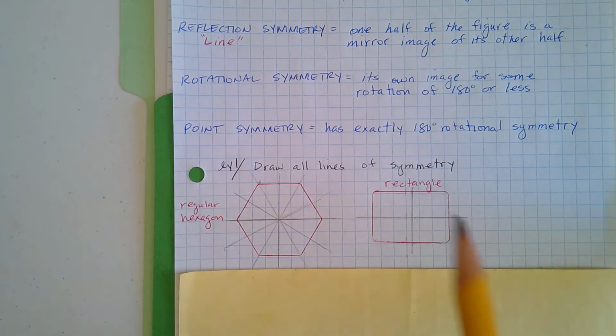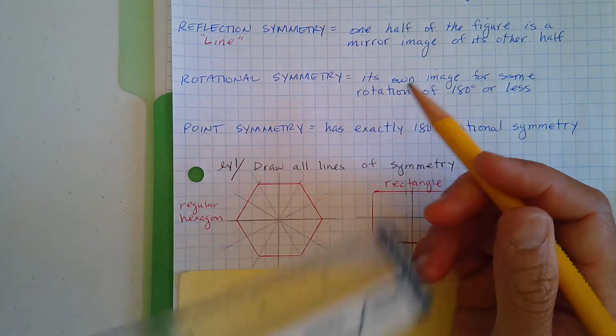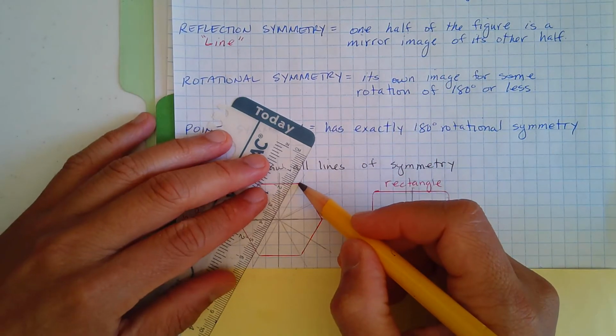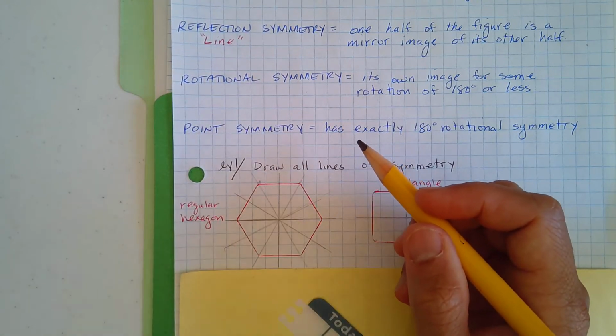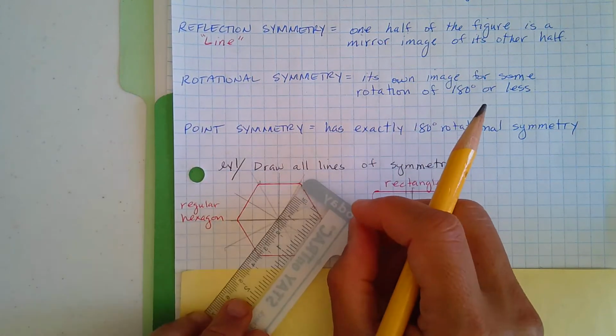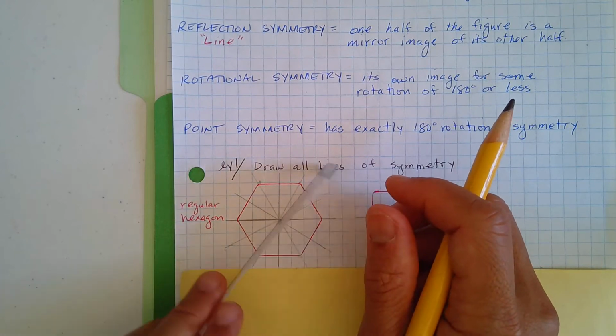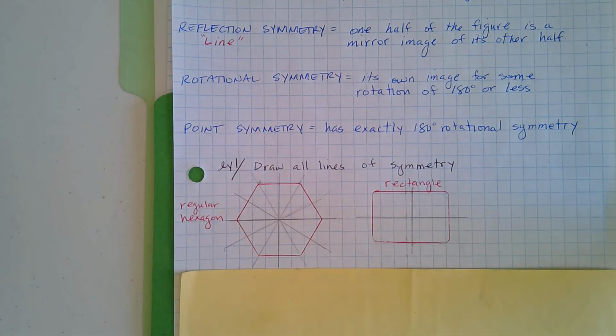And the other lines of symmetry, as you can see, is this here. So from this vertex to this vertex, if you can imagine again, here's the cut. When we fold it, it maps onto itself. Okay. So those are the different types of symmetry that we have.